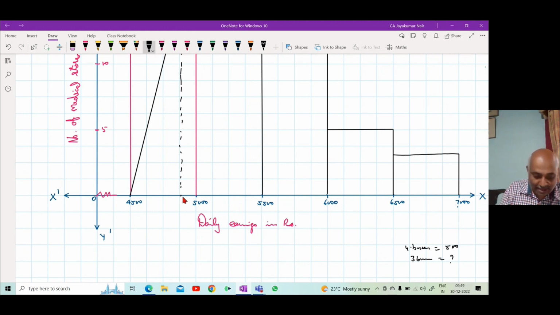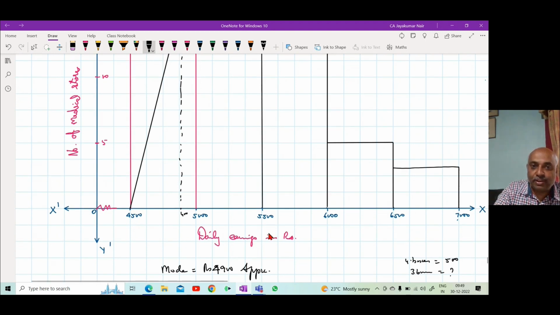So 400 plus 375, say around 400. Okay, so I can say mode is equal to rupees 4,500 plus 400, approximately 4,900. This is the approximate answer.